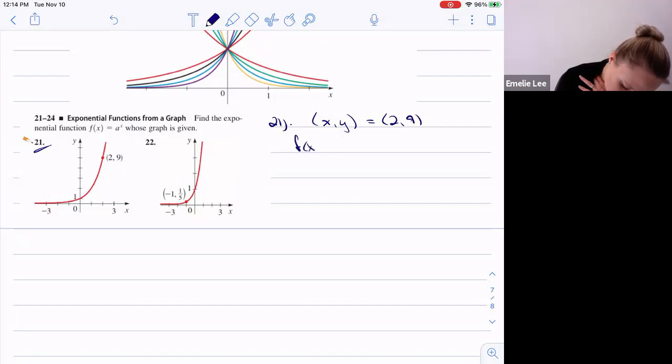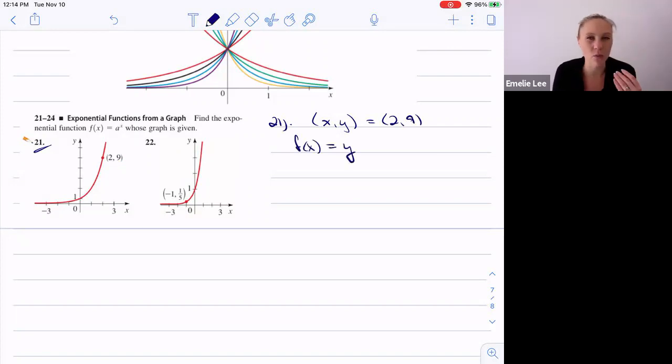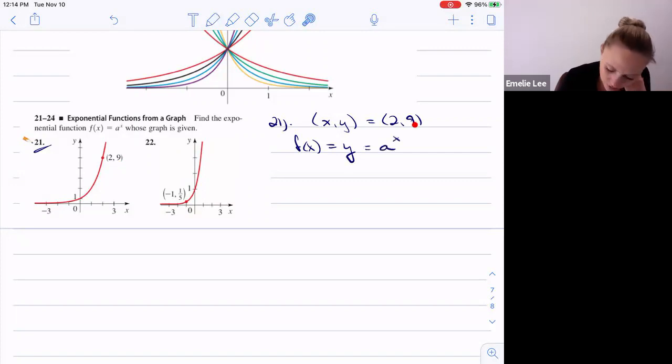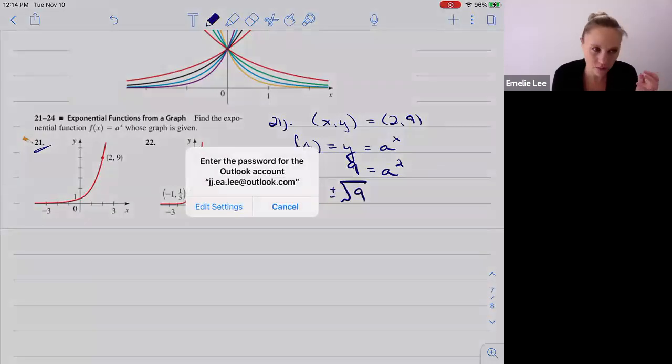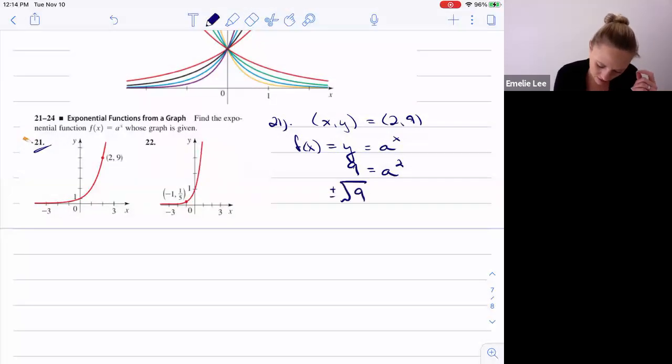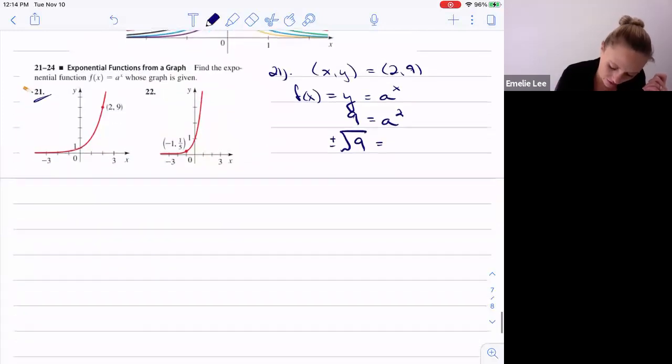So we have f of x, which we can replace with y. We can just read it as y equals a to the x. When y is 9, x is 2. 9 is a to the power of 2. If we take the square root, which is a little bit finicky because we have the plus or minus, the plus or minus root of 9 is equal to a.